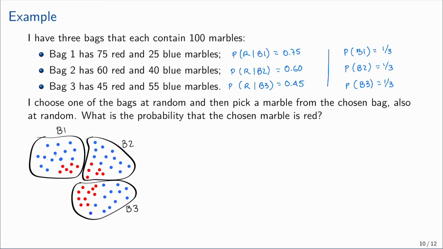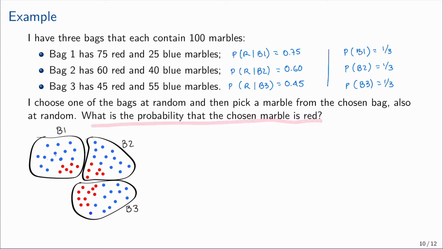Now, if I choose one of the bags at random, so that means with probability equal to 1/3, and then pick a marble from the chosen bag, what's the probability that the chosen marble is red?